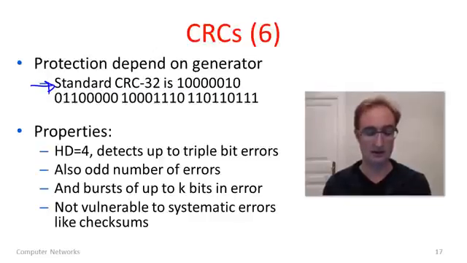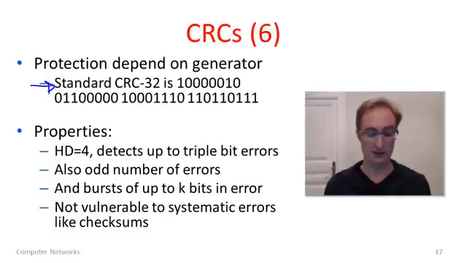This CRC, I'm just going to tell you the properties since we can't really work them out from first principles ourselves. The Hamming distance of this CRC is 4. This means it will detect all errors up to and including triple bit errors. So any 1, 2 or 3 errors, you're covered. 4 errors, there must be some way to get around it. It will also detect, like parity, any odd number of errors.